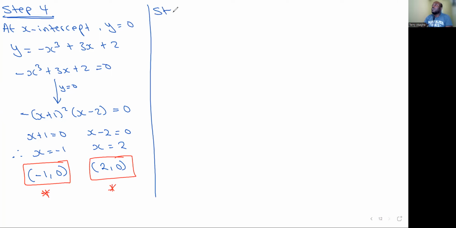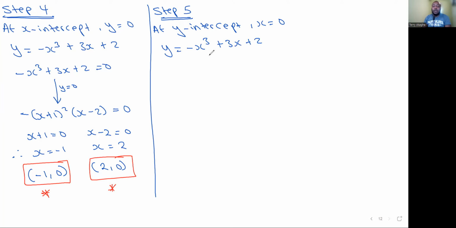Okay, step 5, we need to then find the y-intercept. So for the y-intercept, x is equal to what? 0. So anywhere you see the x, you're going to put 0. So you have the function like this. Anywhere you see x, you put 0.